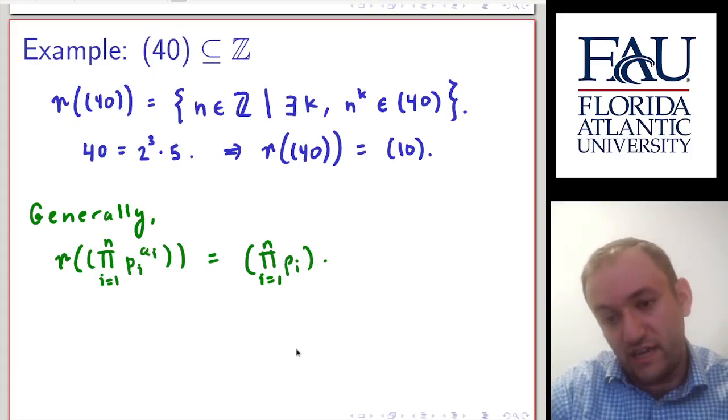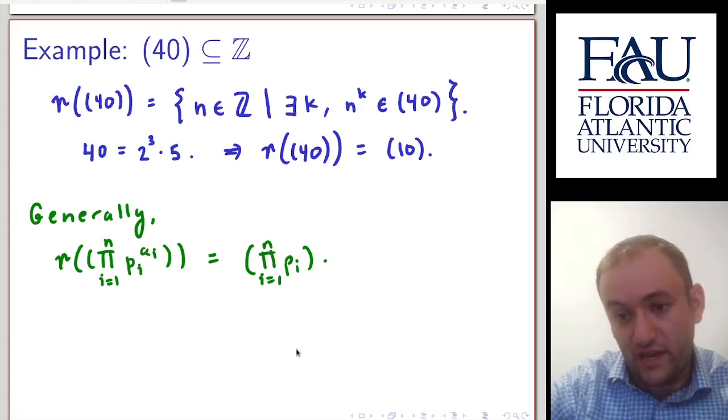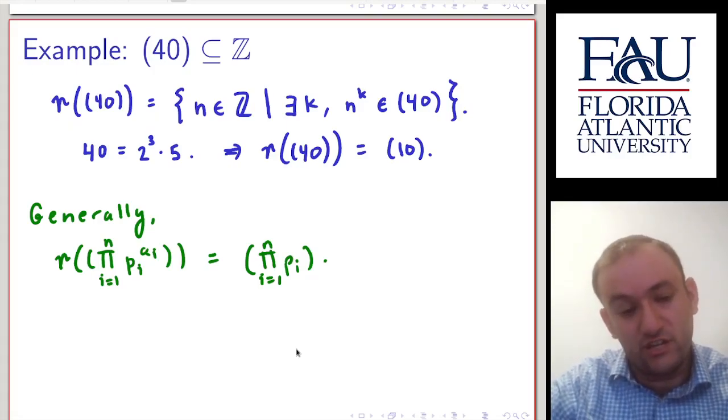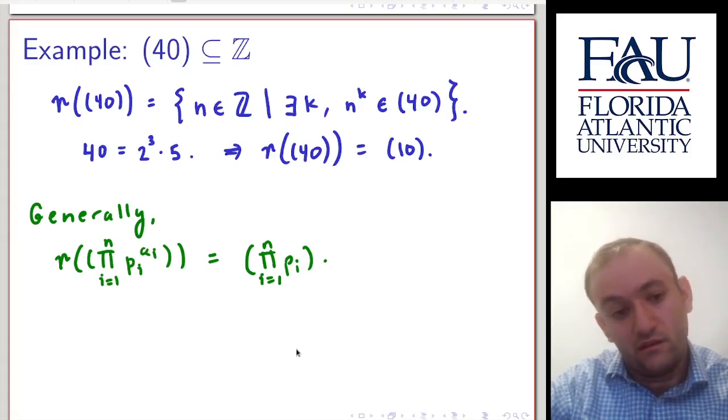Okay, because you just take the largest power appearing in that factorization, and that gives you an exponent that you can raise your generator to end up in the original ideal. Okay.